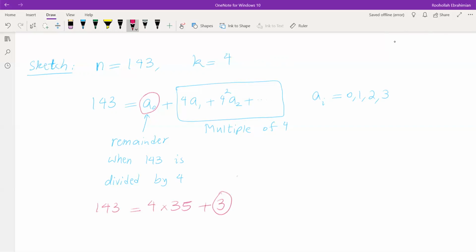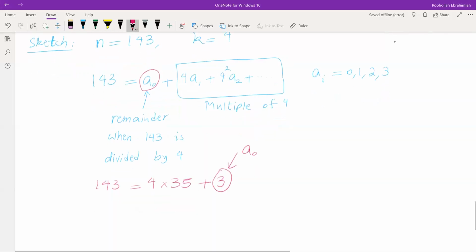So this would be our a0. And then to get a1, a2, and so on, I have to take this portion and write that one down in base 4.